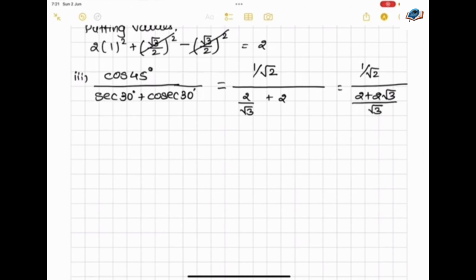Multiplying with the reciprocal, I get 1 upon root 2 into root 3 upon 2 plus 2 root 3. So root 3 upon root 2 into 2 plus 2 root 3, that will be root 3 upon 2 root 2 plus 2 root 6.